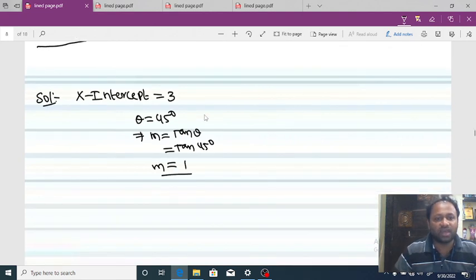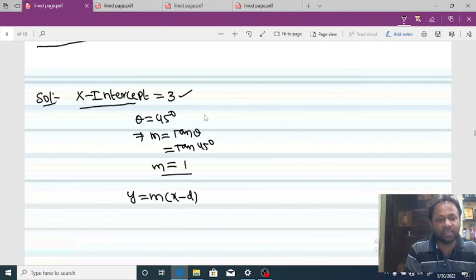I have the m value as well as the x-intercept. How can I find the equation of the straight line whenever the x-intercept is given? So y is equal to m into x minus d. So y is equal to m, which is 1, into x minus d.